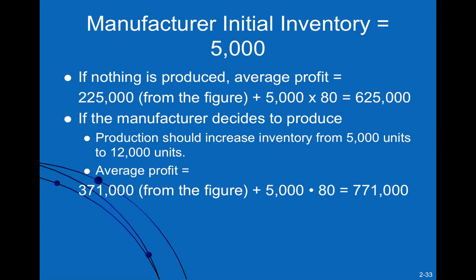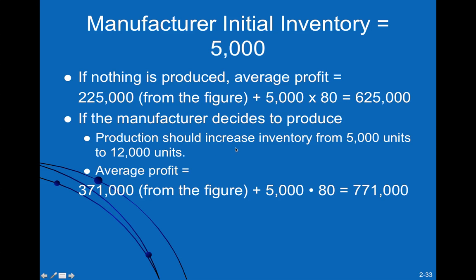Okay, and it can be demonstrated, and here's an example that actually shows that. If you had initial inventory of 5,000 units and you didn't produce anything, your profit would be $625,000. But if you then decided to produce up to 12,000 units, you could see your profit rising to $771,000.